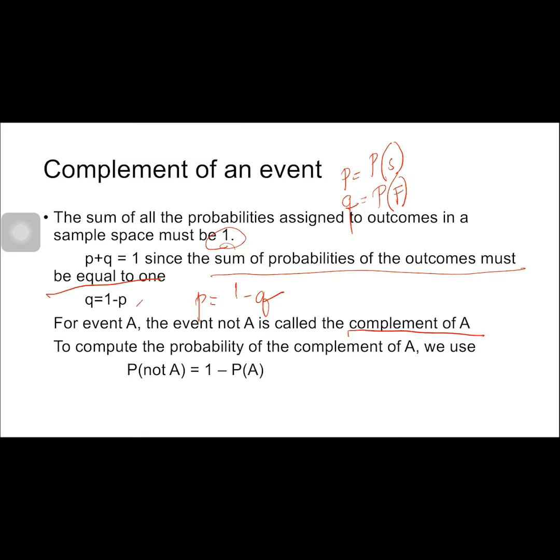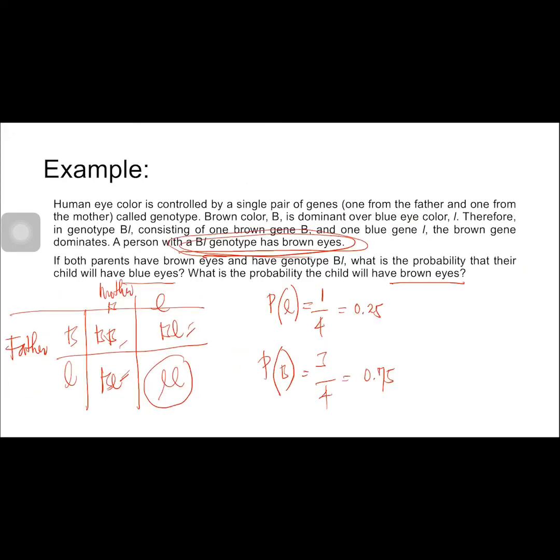To compute the probability of the complement of A, we use the probability of not A is equal to 1 minus P of A. For our example, the probability of not having blue eyes is equal to 1 minus the probability of having blue eyes, and that is equal to 1 minus 0.25, which is equal to 0.75. This is our example for the complement of an event.